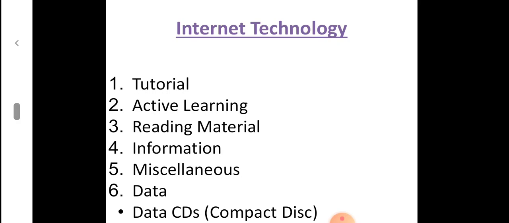The last point of this chapter is data series, meaning compact discs. Some authorities and agencies like research centers, government agencies, etc. collect and publish the data pertaining to economic parameters and put this huge data content in compact discs and sell those in market.